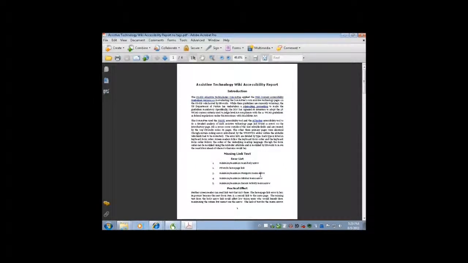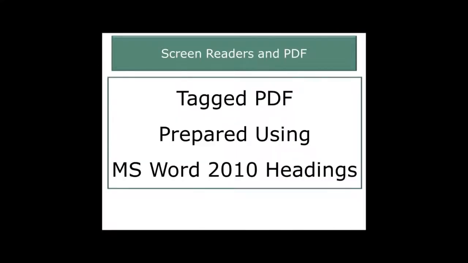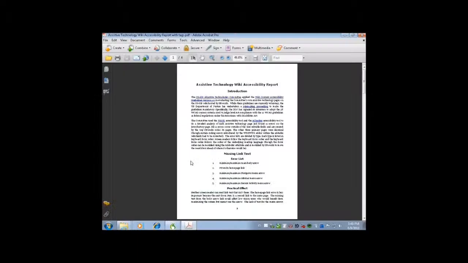Assistive Technology Wiki Accessibility Report Introduction. The CSSIS Adaptive Technologies Committee applied the Web Content Accessibility Guidelines version 2.0 in evaluating the committee's own assistive technology pages on the CSSIS Wiki hosted by PB Works. Alert.